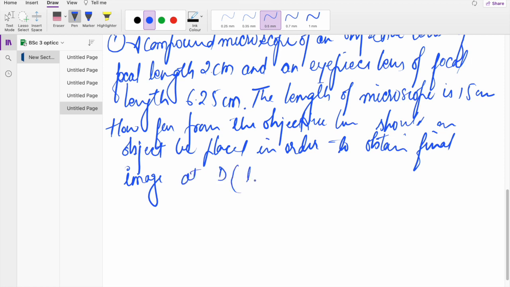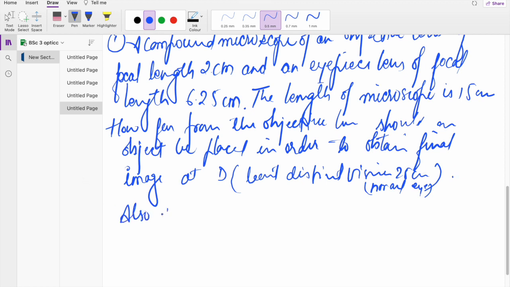D is the least distance of distinct vision, which is 25 centimeter for a normal eye. Also calculate the magnifying power.